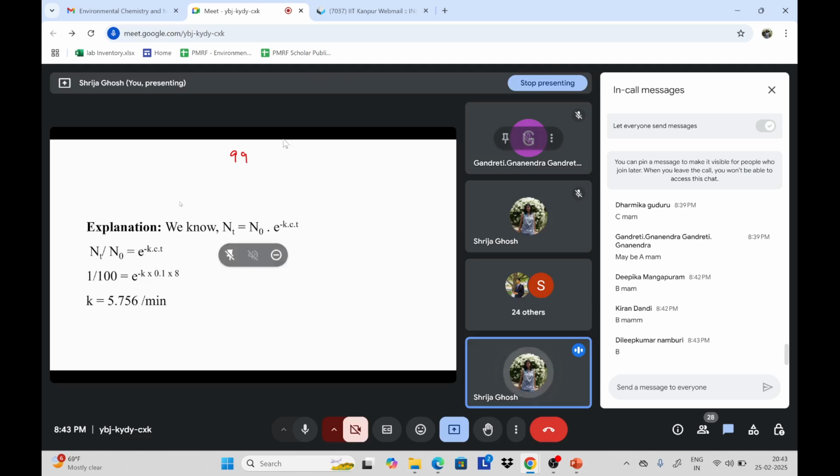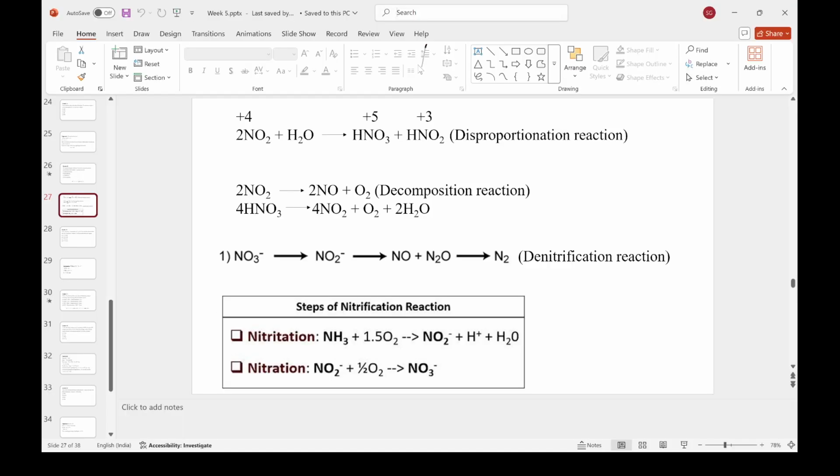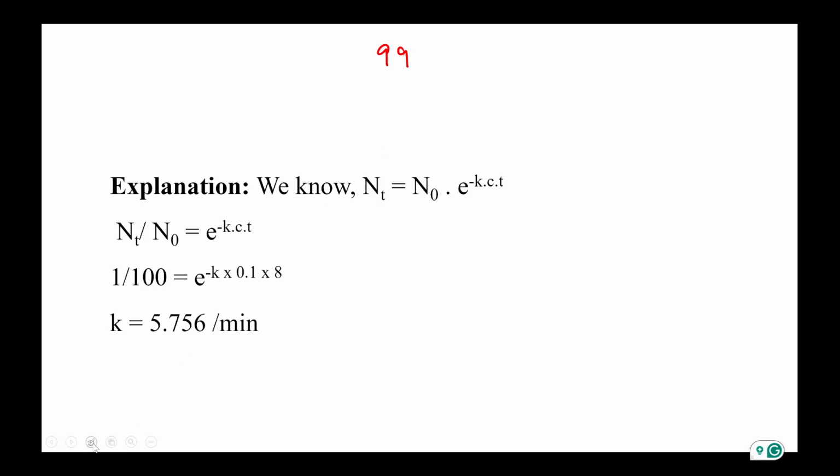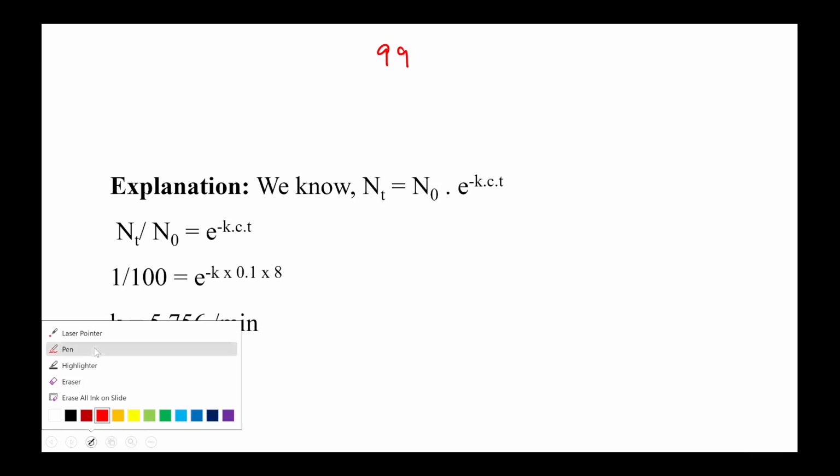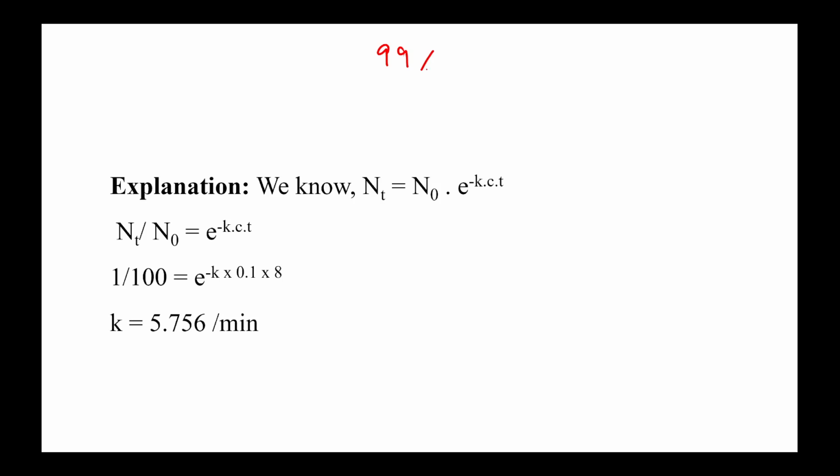So if 99% of bacteria are getting killed in 8 minutes, that means out of 100, 99 got killed. So how many is remaining? 1 is remaining, right? So if I consider the initial number as 100, the final number will be 1. So 1 by 100 is equal to e raised to the power of minus K into 0.1 into 8. Till this point, it should be clear to everybody.